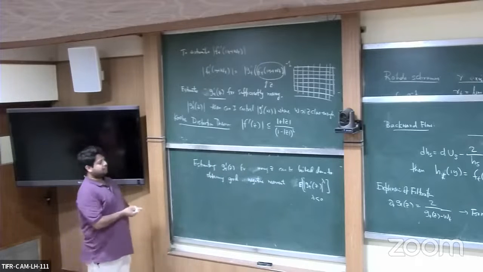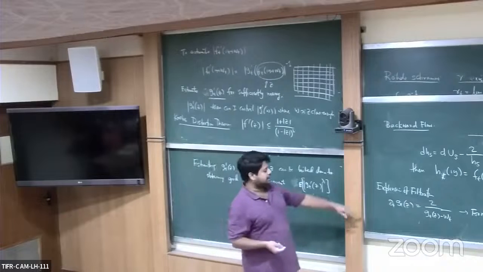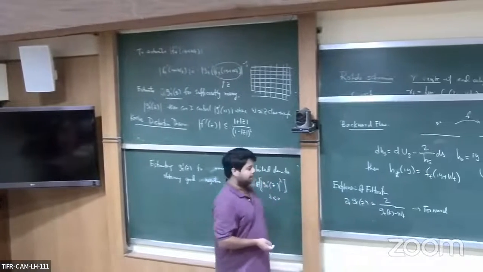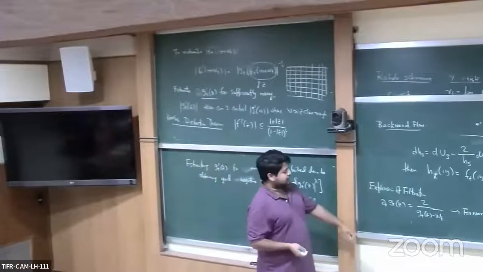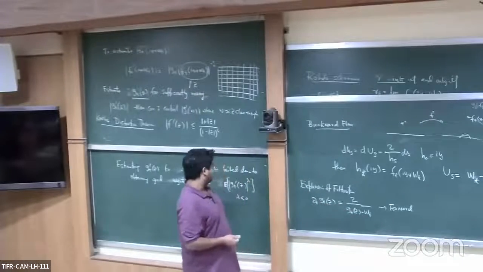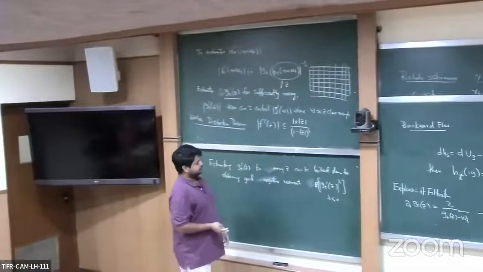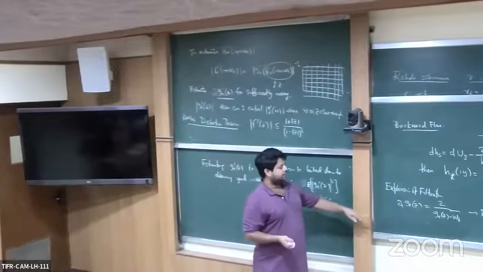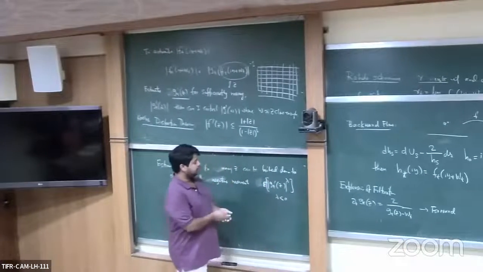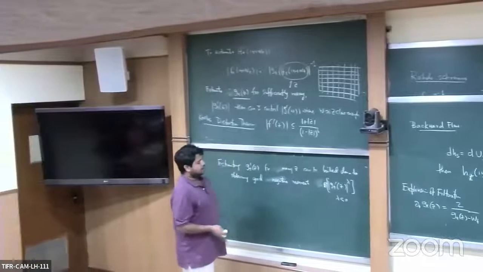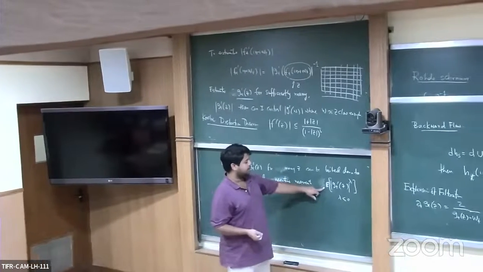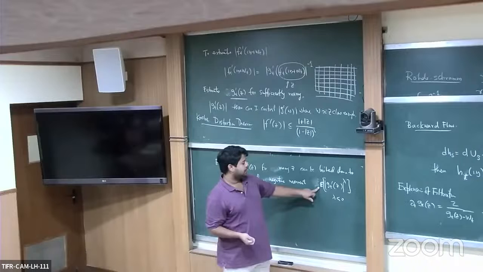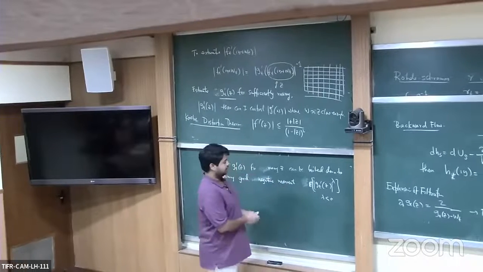Now, just using the fact that g_t of Z satisfies this differential equation, where W_t is a semi-martingale. Let's first consider the case when W_t is a Brownian motion. What you can do is use the Feynman-Kac connection to write a PDE for that.